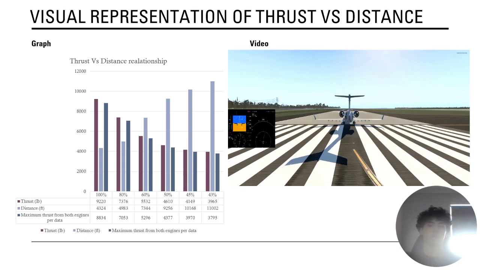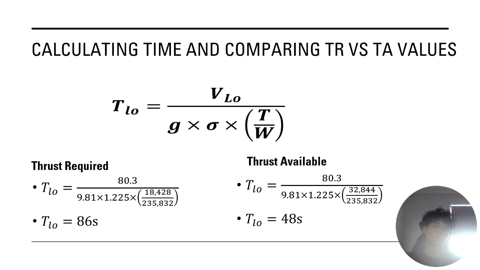For the last part in task 1, we calculated the time required to accelerate to liftoff speed using the week 7 time equation.